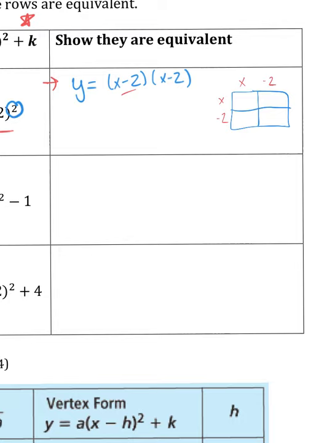So in this first box, I have x times x, which gives me x squared. In the second box, I have x times negative 2, which gives me a negative 2x. In the third box, I have negative 2 times x, which is the same thing, gives me a negative 2x. And in that last box, I have negative 2 times negative 2, which gives me a positive 4.